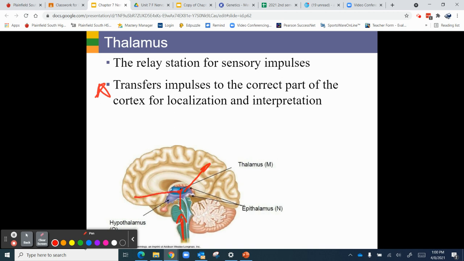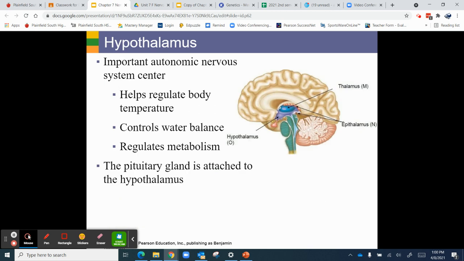If it's mostly memory, we're going to end up in the frontal lobe, right? But that's the thalamus's job here, to get those into the right portions. Okay, hypothalamus, on the other hand, is really involved in our autonomic nervous system.